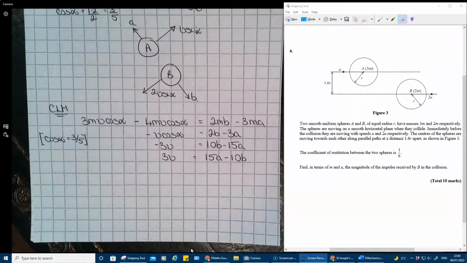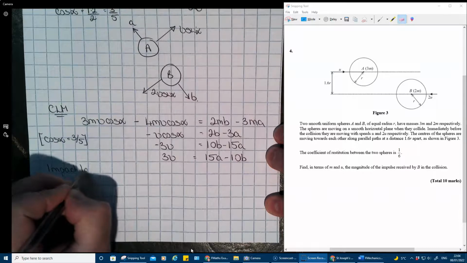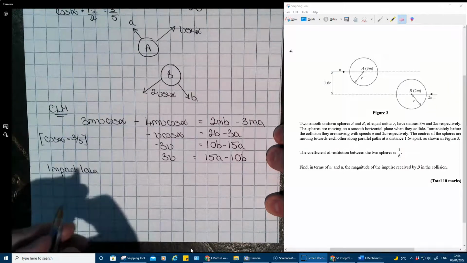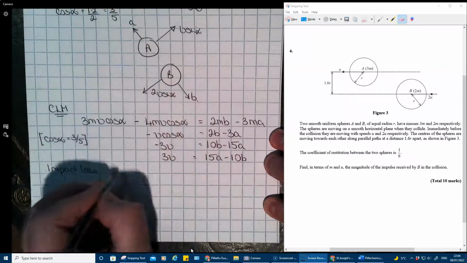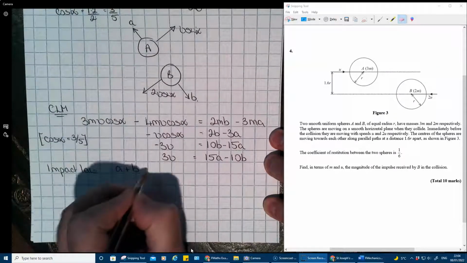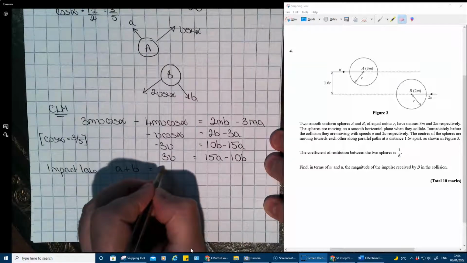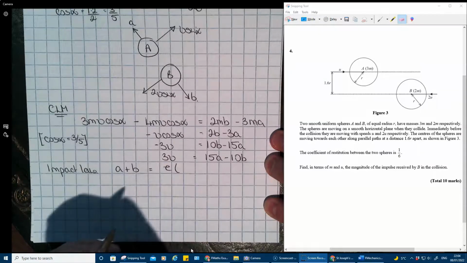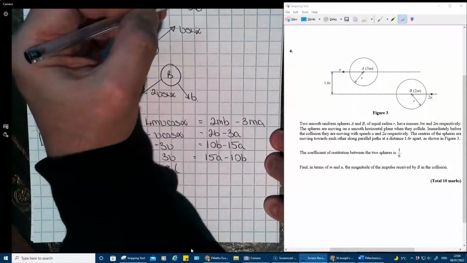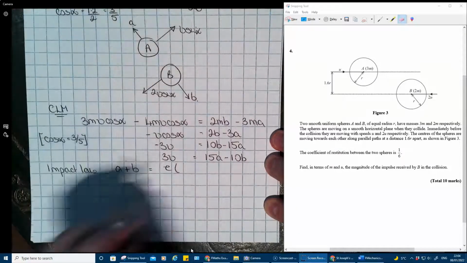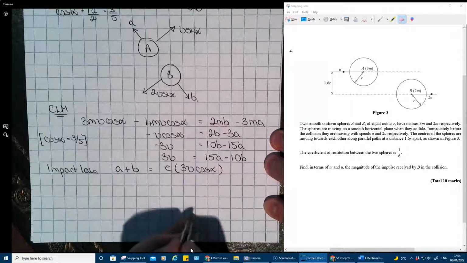Okay, we're now going to use the impact law. So the speed of separation, and these are in opposite directions, so the speed of separation is a plus b equals e times the speed of approach. The speed of approach, these are in opposite directions, so it's 2u cos alpha plus u cos alpha, it's 3u cos alpha.